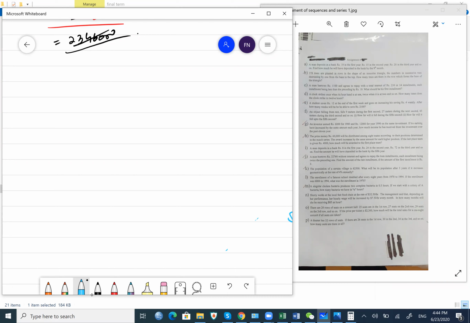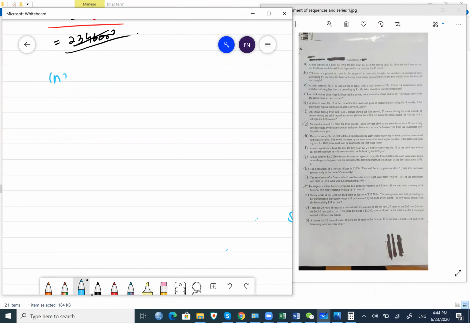The management said that depending upon her performance, her hourly wage will be increased by $7.50 per hour every month. In how many months will she be receiving $85 per hour? So that is number N.